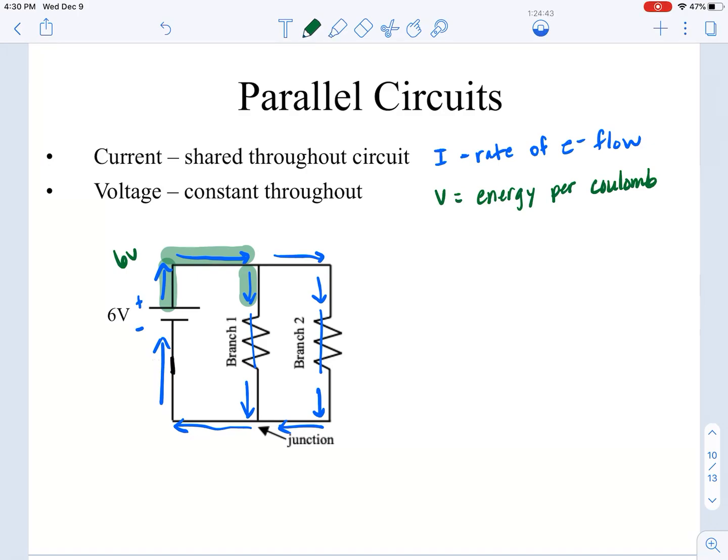So my electrons are going to fuel or feed some of their energy to this first resistor. Now, they have 6 volts available. Remember, we said an overall main idea is that they are going to use all of the energy as they go through the circuit so that when they return to the battery, they have 0 volts remaining.